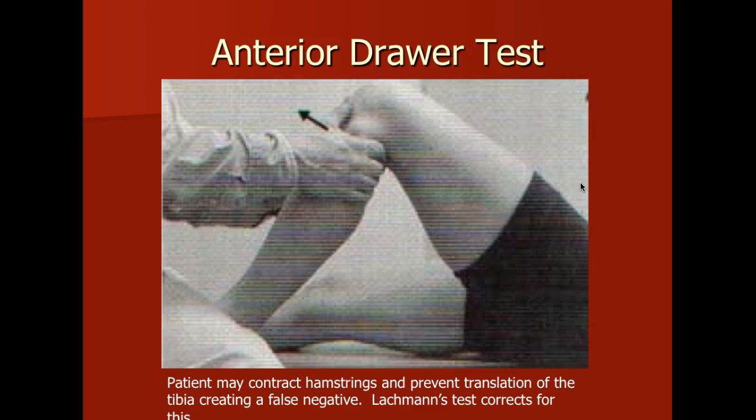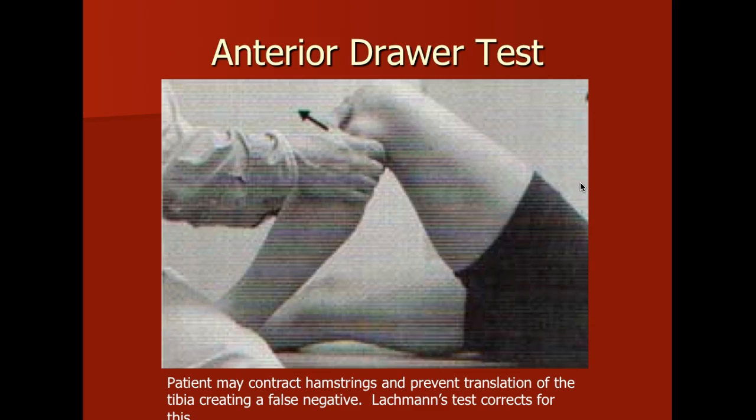So once you get to the special tests here, I just want to show you a few of the more common ones. These are the ones that I have to use on a daily basis when I'm dealing with knee injuries. Anterior drawer test is one of the very first tests that, as an athletic training student, you learn and start practicing right away.